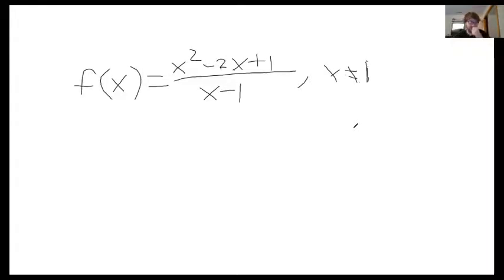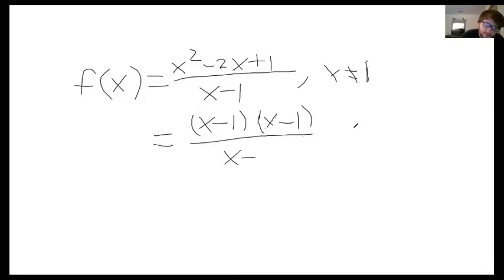And then we can go ahead and simplify this a bit just to make sure nothing's wrong, or just so that we have something nicer to look at. If we factor the top, we're going to have x minus 1 times x minus 1. That's how we'd factor that. And we have x minus 1 left on the bottom, so one of these is going to cancel out.